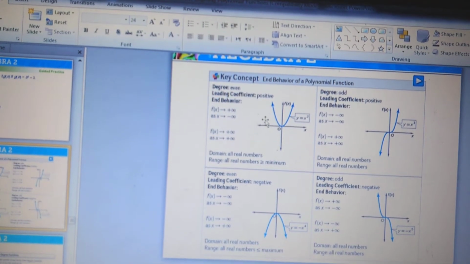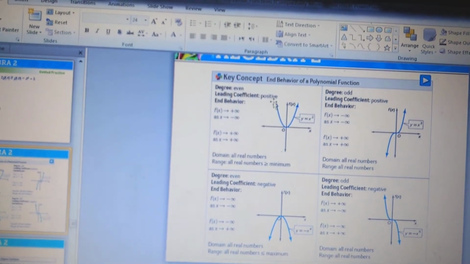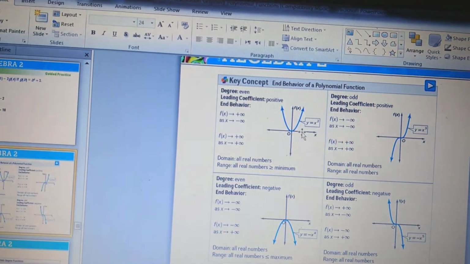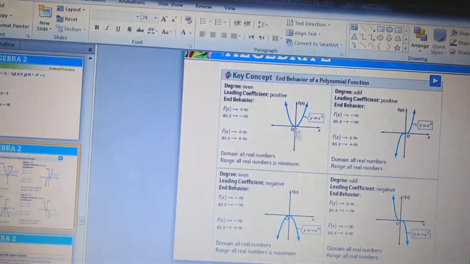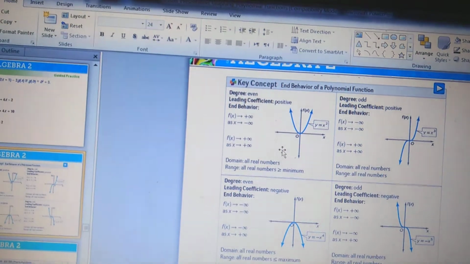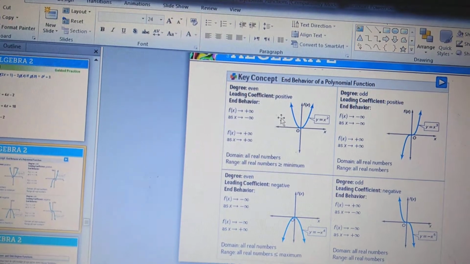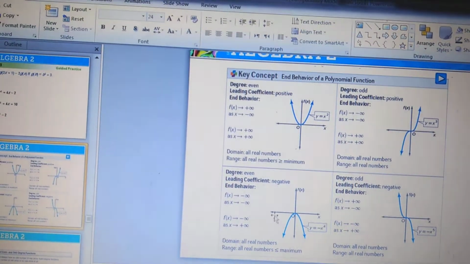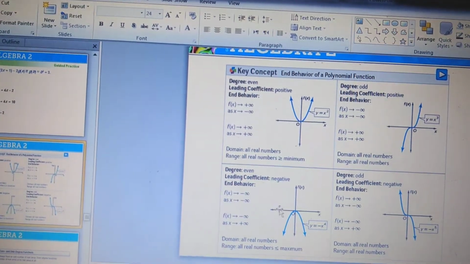Here, x going to negative infinity, but y going to positive infinity. Here, both x and y are going to positive infinity. Of course, we get this graph always when the degree is even, 2, 4, 6, 8, and so on. This is when the degree is even and the leading coefficient is positive. This is when the degree is even and the leading coefficient is negative.